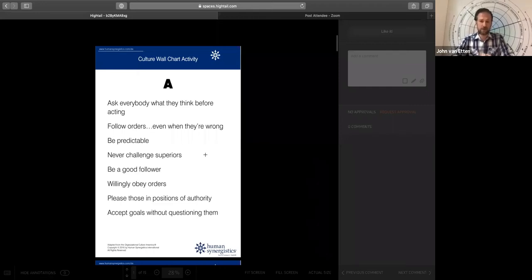The way I typically do this in the very beginning of culture accreditations is face-to-face, and you can also do this virtually as well, is hang these up on the wall, and make this the very first conversation that we're having, and ask leaders to go around and look at those wall charts and actually vote for which of those things essentially should be taking place in their business, which of those things should not be taking place.